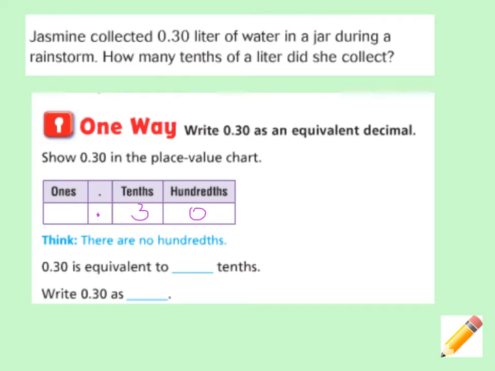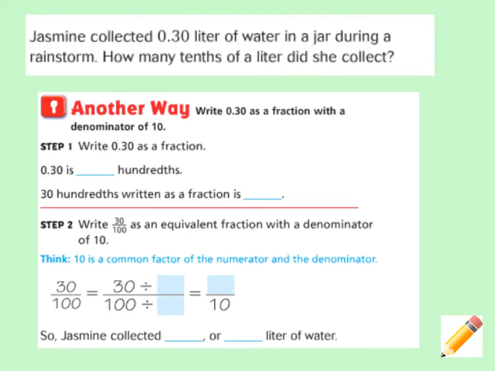If there's no hundredths, 30 hundredths is equivalent to 3/10. So you're going to write 30 hundredths as 3/10, because on this part here, it does not matter. I can put as many zeros as I would like, and it's still going to be the same amount. So let's look at it. We're going to write 30 hundredths as a fraction with a denominator of 10.